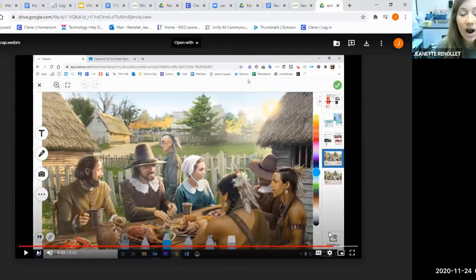Okay, now I want you to think about ways to contrast these two groups of people. Think about contrast, things you notice that are different. Who can identify one way that you see in the illustration that these two cultures are different? Thank you if you are sitting up and focused on our lesson.